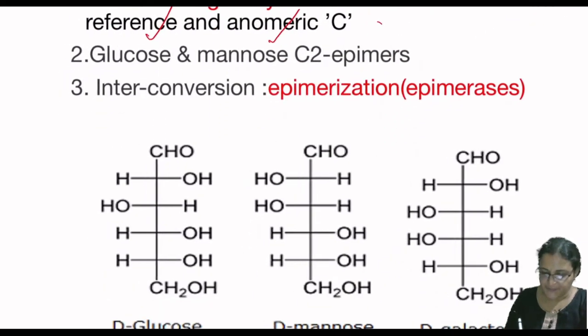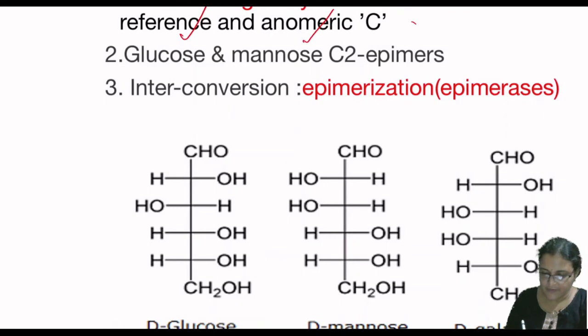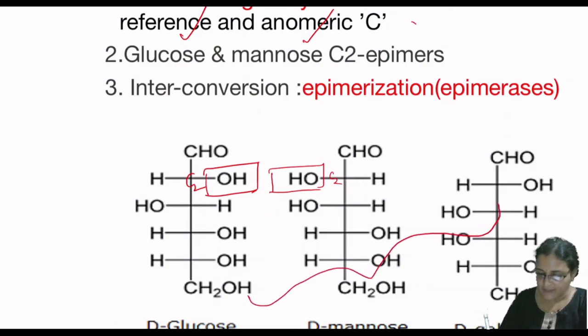Glucose and mannose are epimers around C2, and here the hydroxyl group has a different orientation. Similarly, if I consider glucose and galactose, they are different at the position of the C4 hydroxyl group, they have different orientation.